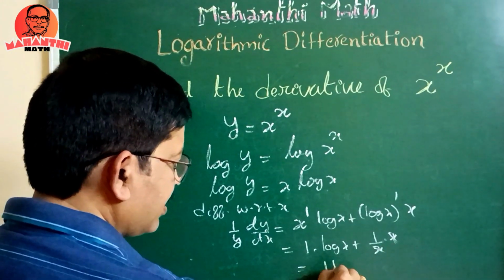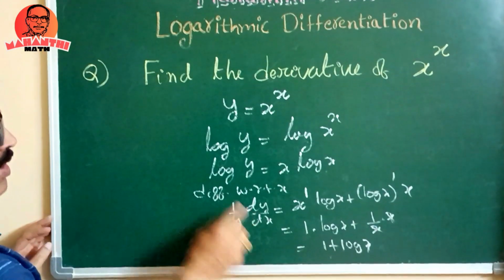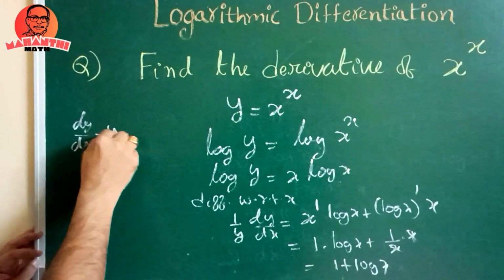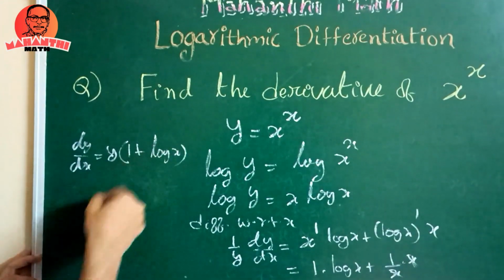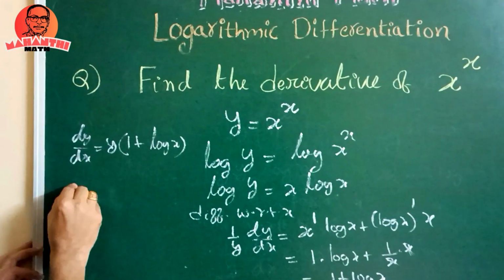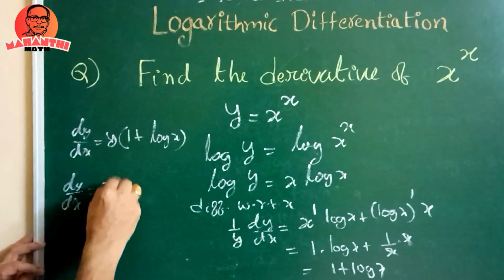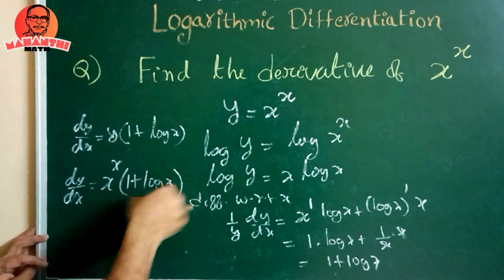1 plus log x. What is this? 1 by y dy by dx. Therefore, dy by dx equal to y into 1 plus log x. But what is y? X power x. Dy by dx equal to x power x into 1 plus log x.